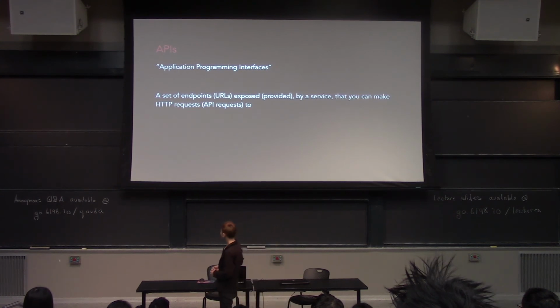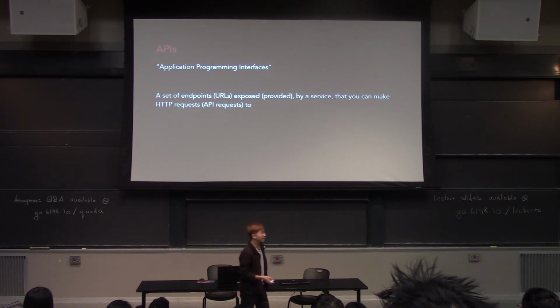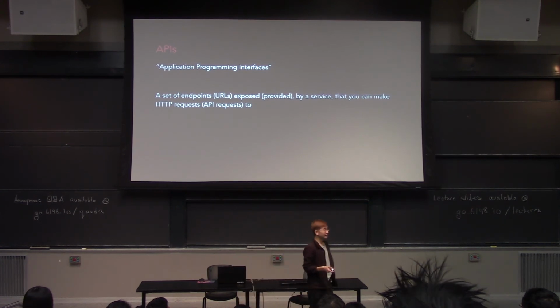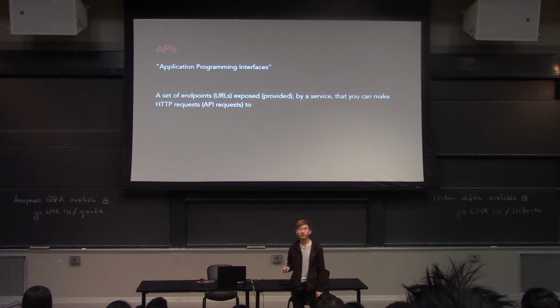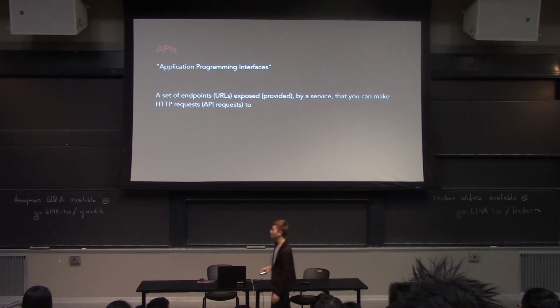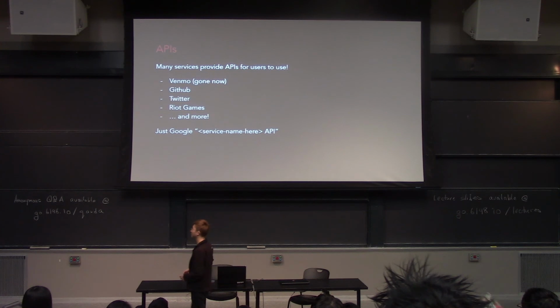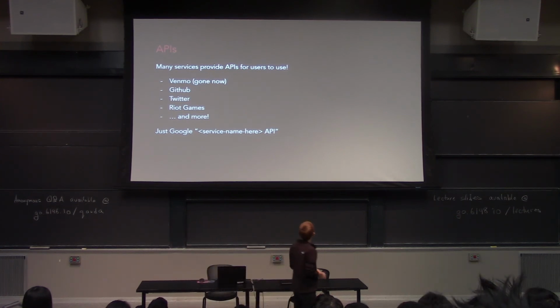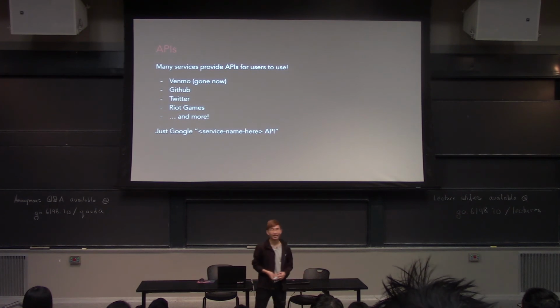Now, a lot of services provide APIs, and often the collection of endpoints that they provide for you to use will allow you to perform tasks that are relevant to the service. So for example, when I did 6148, my team used the Venmo API, which is sadly gone now because they didn't want to keep updating it.